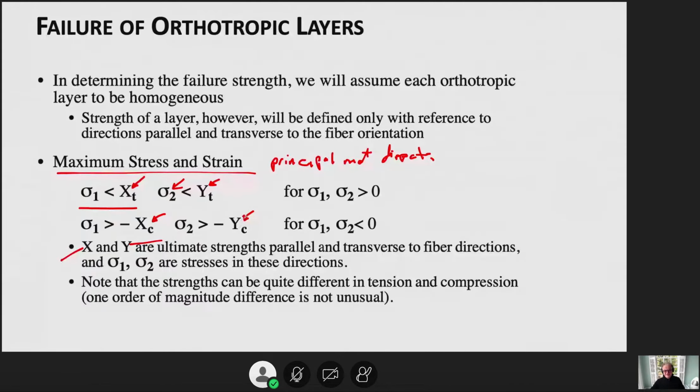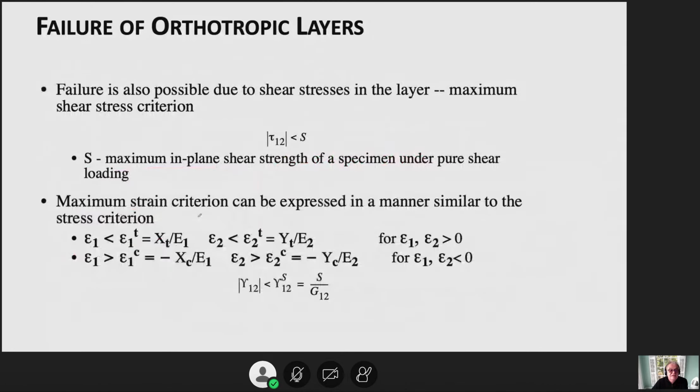Y's, on the other hand, the matrix, are much closer to one another. That's the basic thing. And then we say, okay, if you really want to worry about shear, we can come up with a shear strength of a fibrous layer and give it to you.